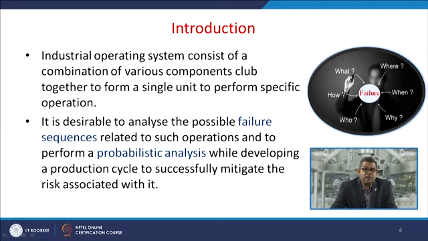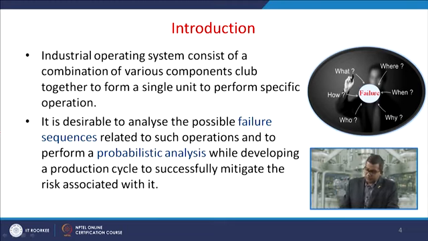Once we have the different units, it is desirable to analyze the possible failure sequences related to such operations, and we need to perform a probabilistic analysis while developing a production cycle to successfully mitigate any kind of risk associated with it.